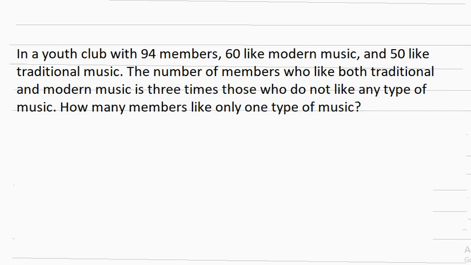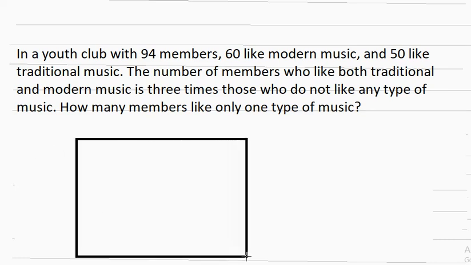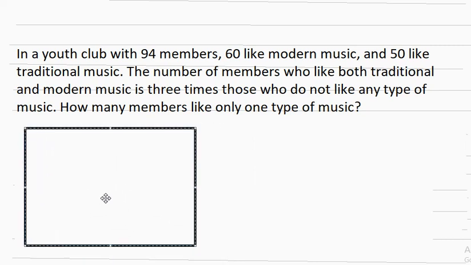You know very well that we can still solve this by drawing a Venn diagram. But what are we looking for? Reading through the question, this set has just 2 subsets. So what are we looking for? How many members like only one type of music? Just one type of music.